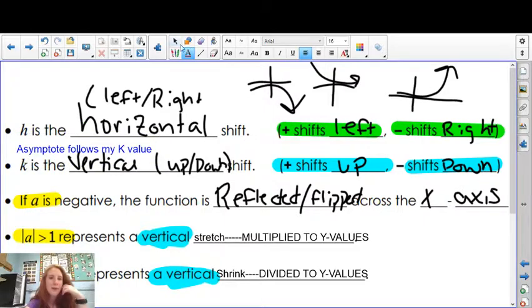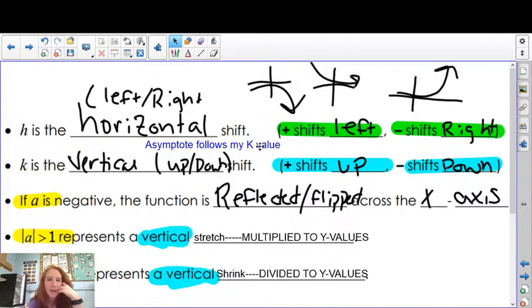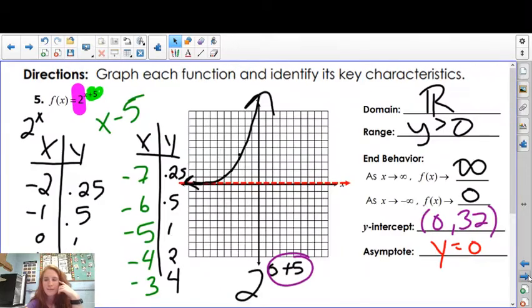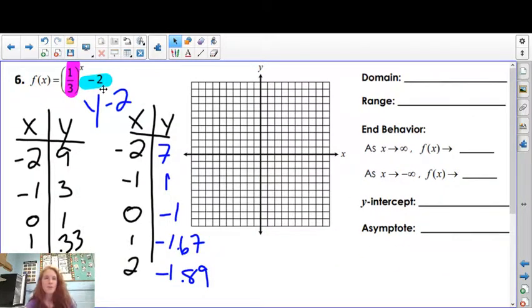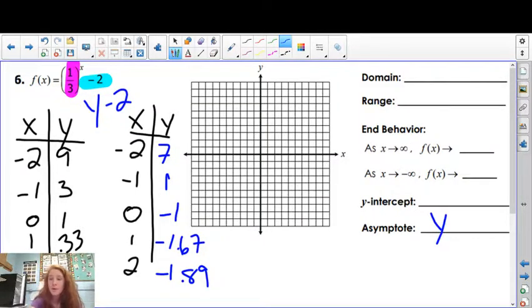So if I go up 3, my asymptote goes up 3. If I go down 3, my asymptote goes down 3, and so on. So since my k is a -2, my asymptote is equal to -2, which is apparent when I see that I can't go past those lines.